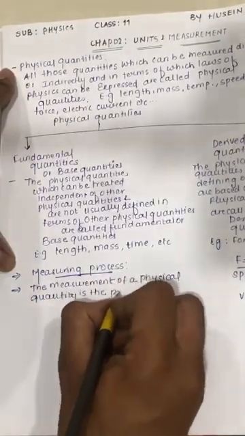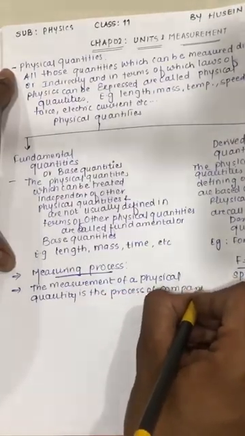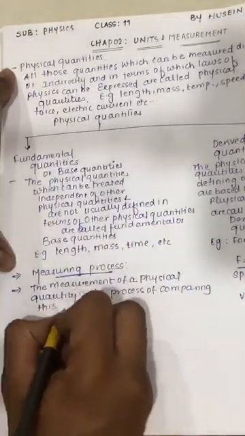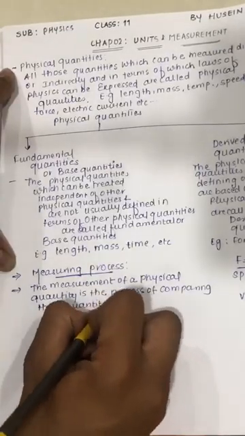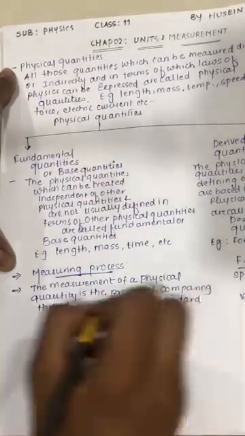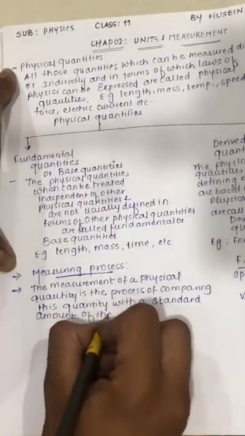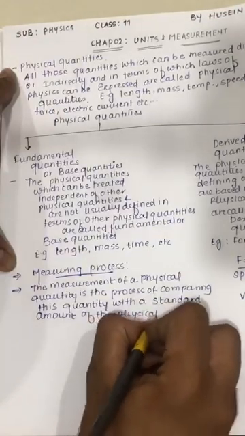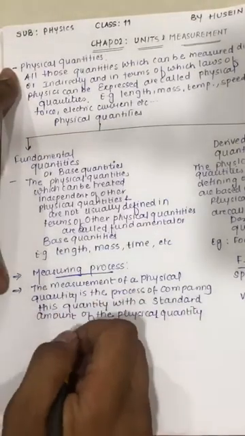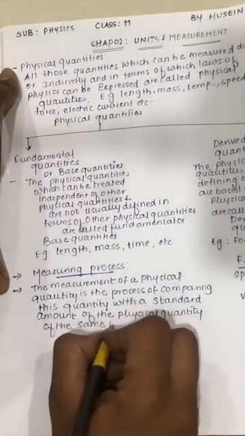It is the process of comparing this quantity with a standard amount of the physical quantity of the same kind, or you can say the same unit.